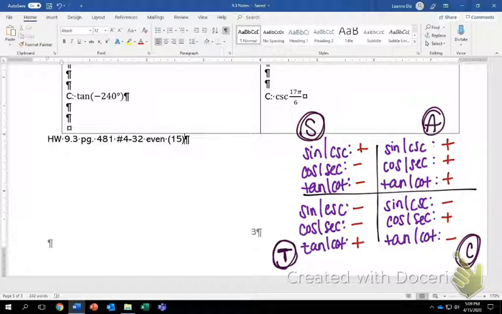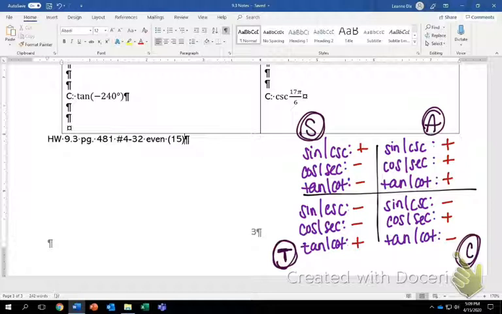And so I taught this a couple of different ways, but one way that you can think about it or remember it is with a mnemonic. You can say, all students take calculus, which, not all students take calculus, but if you are learning the trig functions, you're going to need it for calculus.